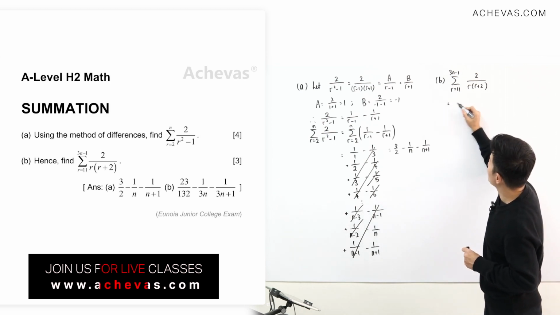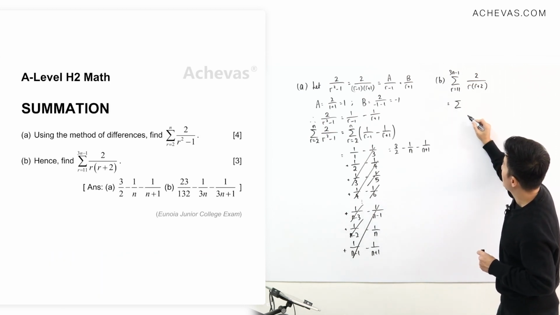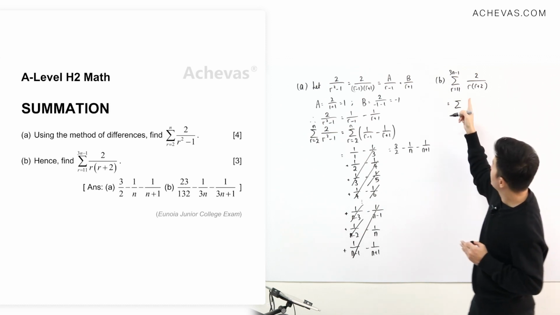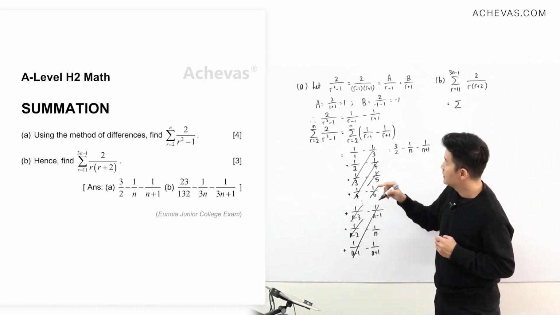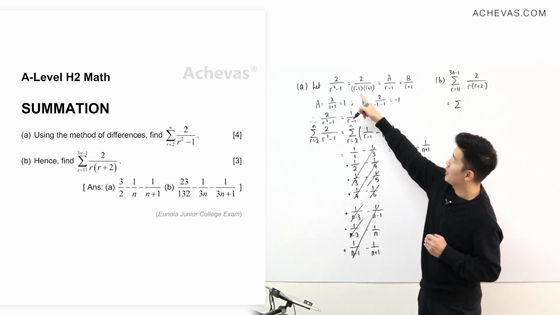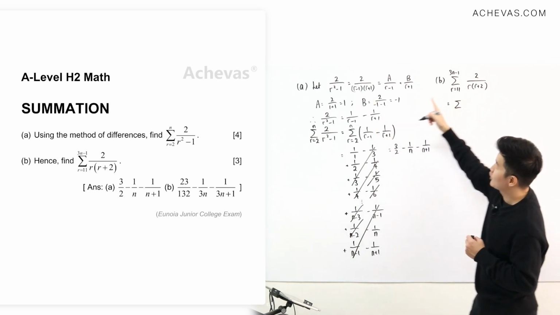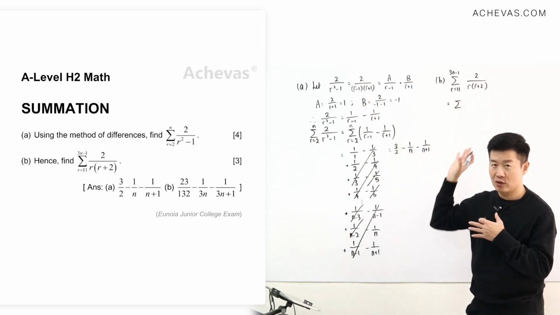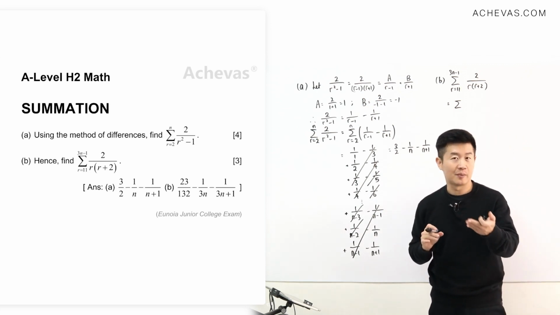So we will try to replace all the r's here by, let's see, looking at this and trying to compare it to this, or maybe it's easier for me to compare it to this. Okay, so looking at this and comparing it to this, I am going to replace all the r's here by r minus 1.